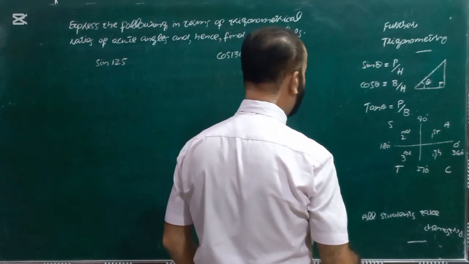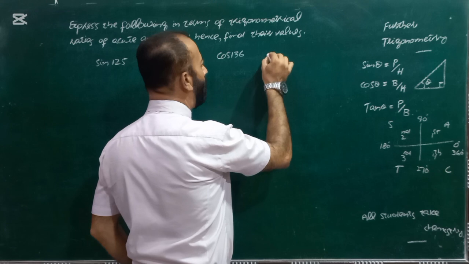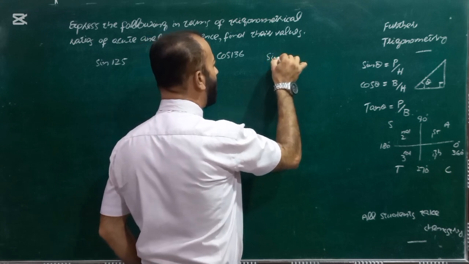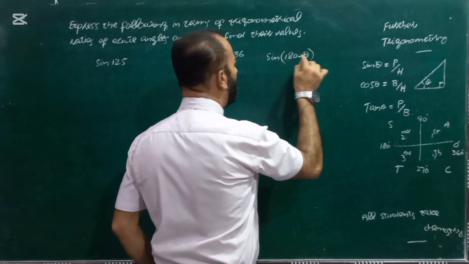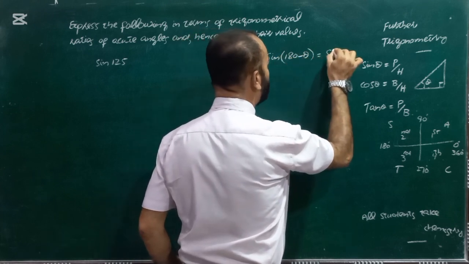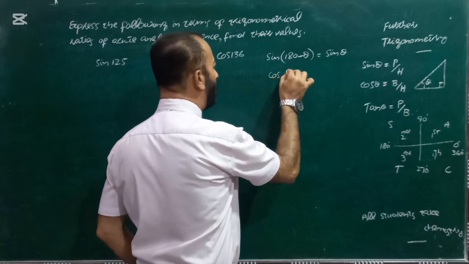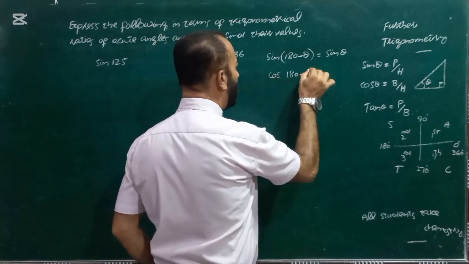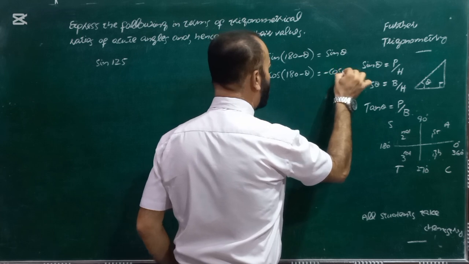So here are two formulas which you have to learn further. The formulas are sine 180 minus theta is equal to sine theta. And the second formula is cos 180 minus theta is equal to minus cos theta.